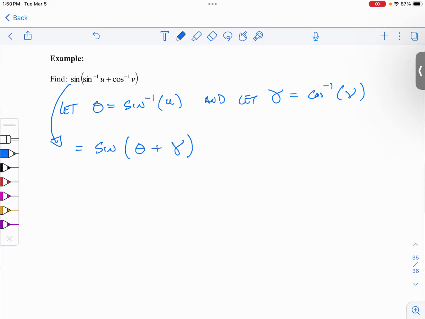What have we been talking about all class? Sum difference. That's a sum difference equation. Sine of theta plus gamma, I have no idea what theta plus gamma is.